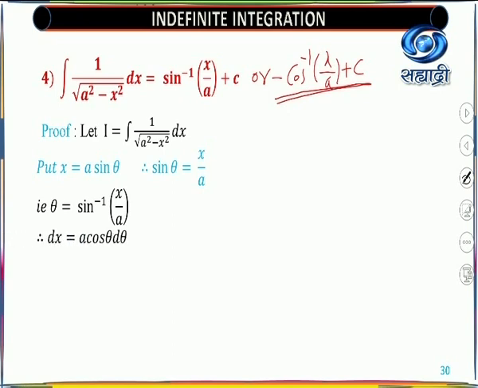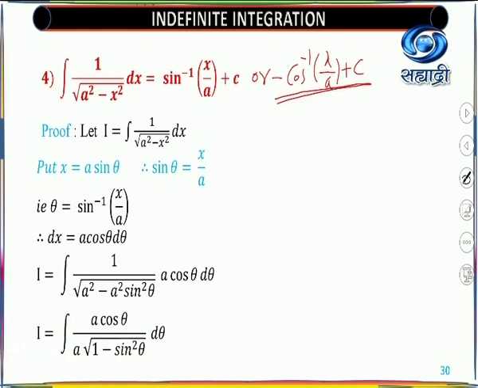Look at here, dx equal to a cos theta d theta. So what will be the next one? Next one is integral 1 upon root of a square minus a square sine square theta, a cos theta d theta. So what will the next substitution give you? Look at here, a cos theta as it is. It is the derivative of x. So the derivative here, dx equal to a cos theta d theta.